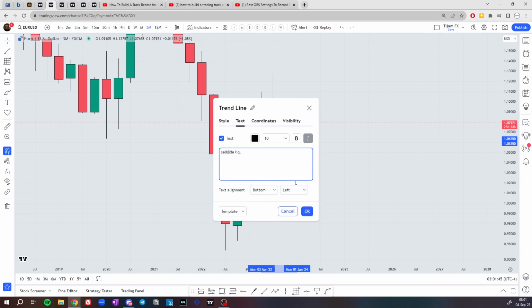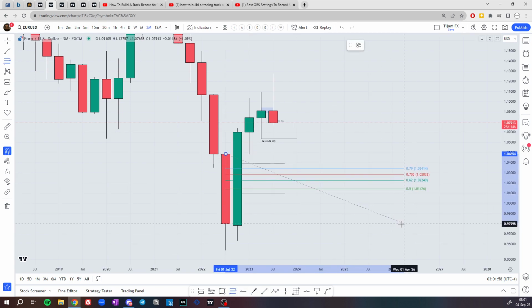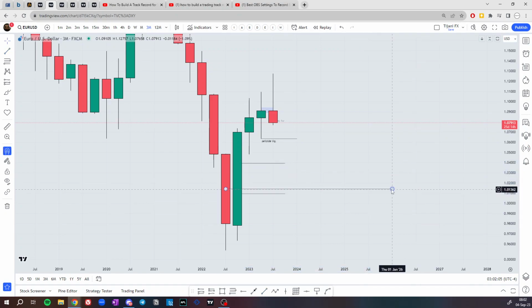I'm expecting for the short term that price is going to check the sell side liquidity below this low, then the 50% of the quarterly order block as my target, right? We have the 50% here. I'm expecting price to drop lower, taking the sell side liquidity below this low, then a continuation lower to the 50% of the quarterly order block.